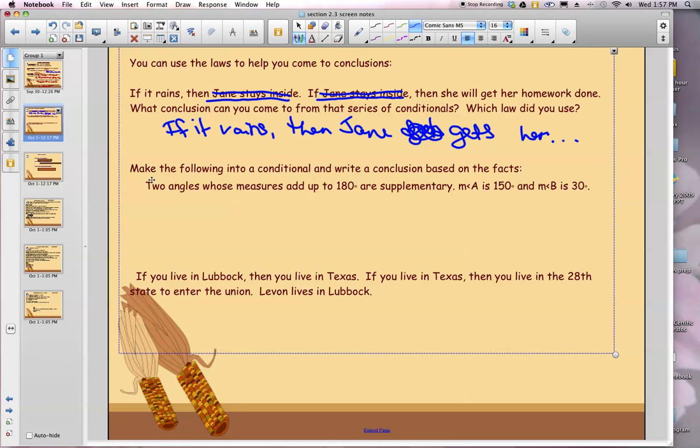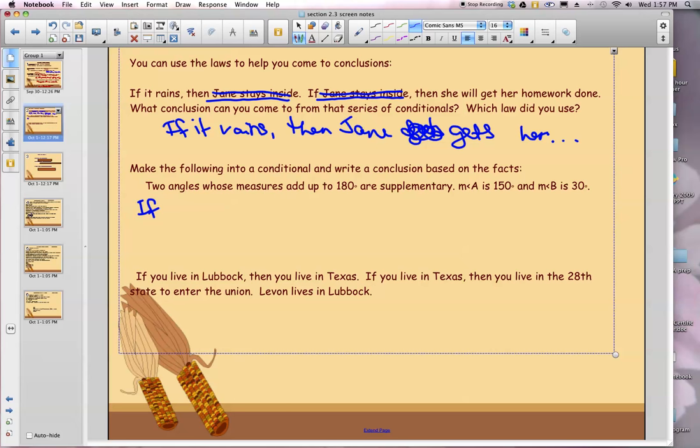All right. This says to take the following and make it a conditional and then write a conclusion based on the facts. Okay, so use our deductive reasoning. This says 2 angles whose measures add up to 180 are supplementary. Okay, so the first thing it says to do is change it into a conditional.